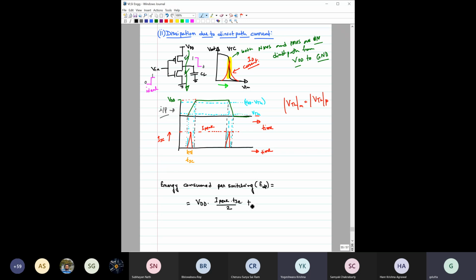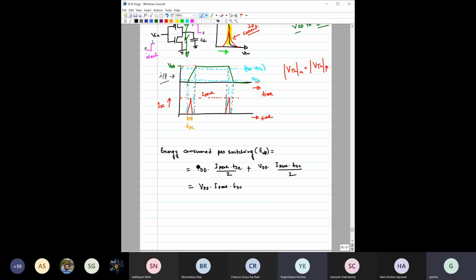During the fall part, if they are symmetric, it should also be the same, T of SC by 2. So if the two parts are symmetric, the total is T of SC. This is the energy consumed in part switching. Now what would be the power?